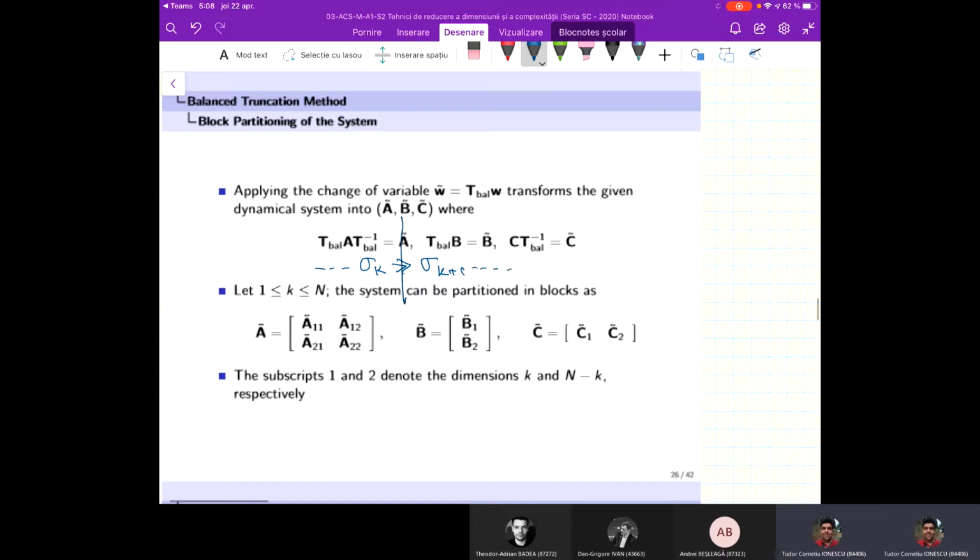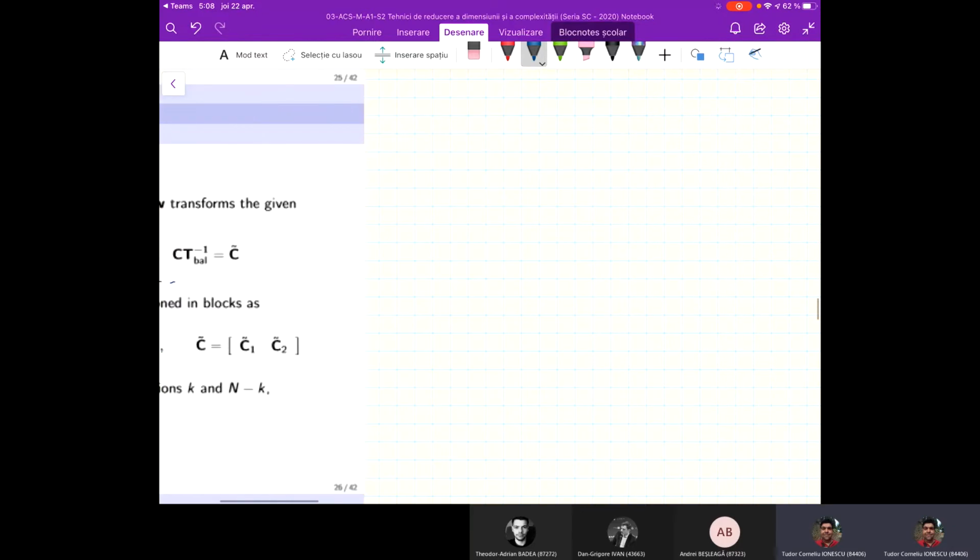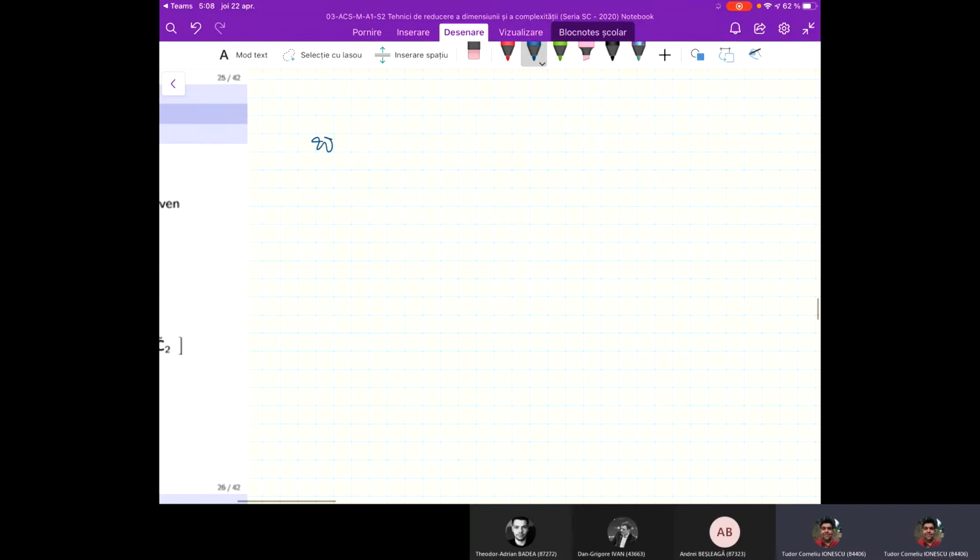Then you cut at the index k and you partition the system into W tilde 1 and W tilde 2. So you have W tilde dot is A tilde W tilde plus B tilde U.